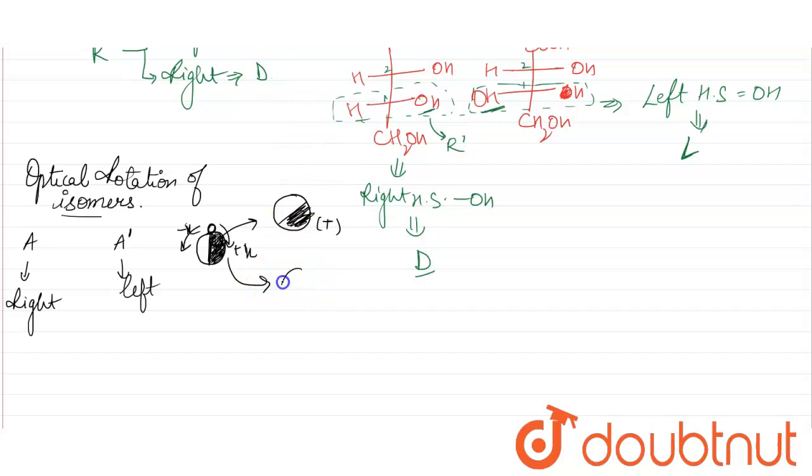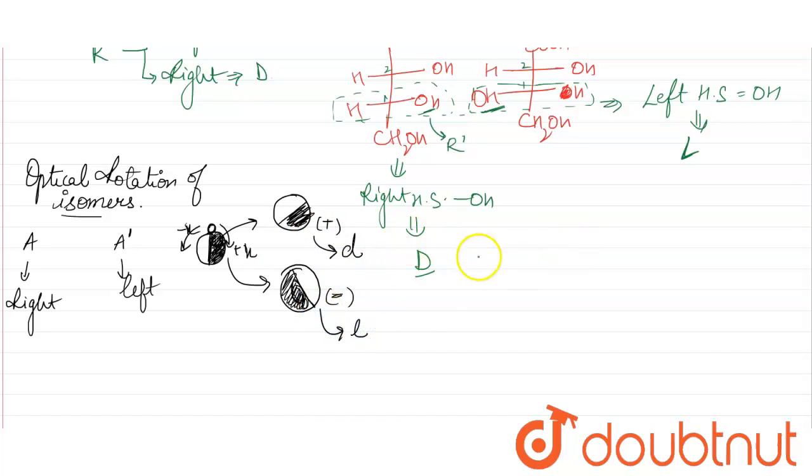Let me draw it again. This is the negative isomer. So for positive rotation we use small d, and for negative we use small l.